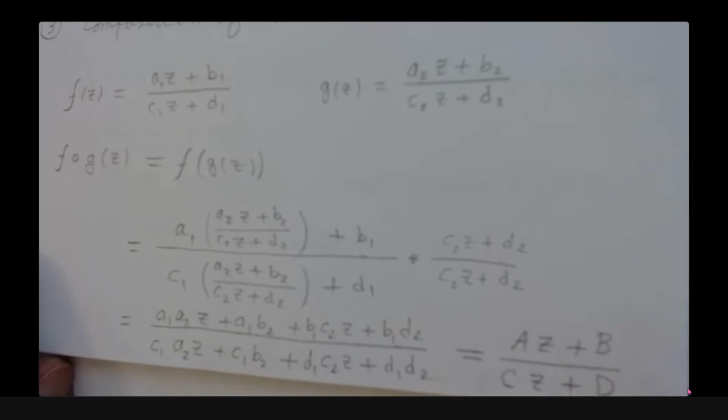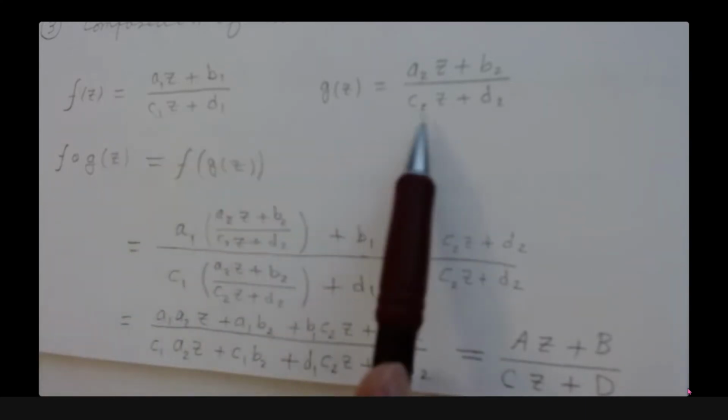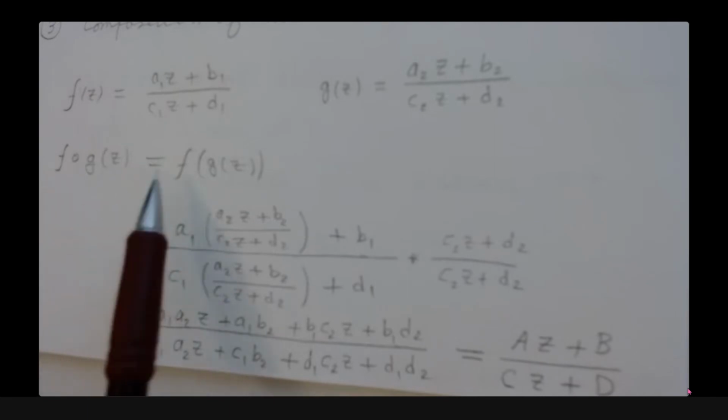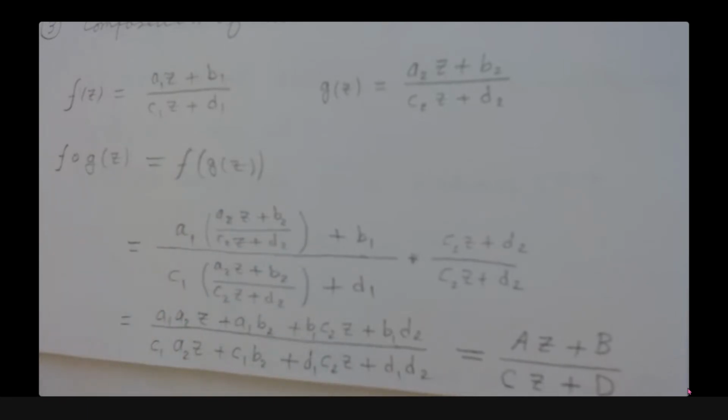You have two linear fractional transformations here, F and G. Composition again is going to give you here at the end another linear fractional transformation.